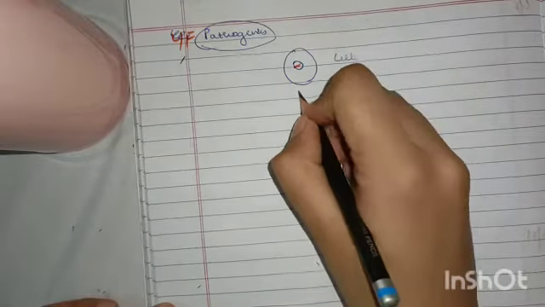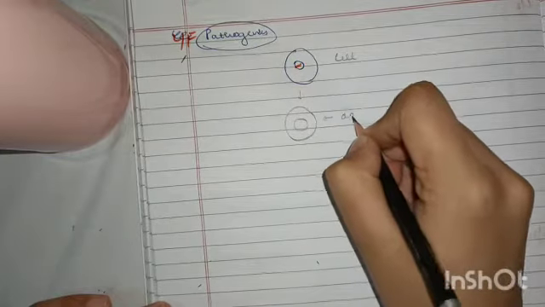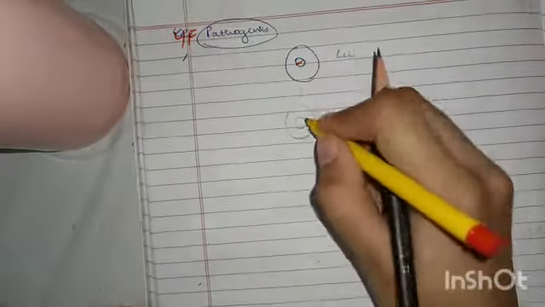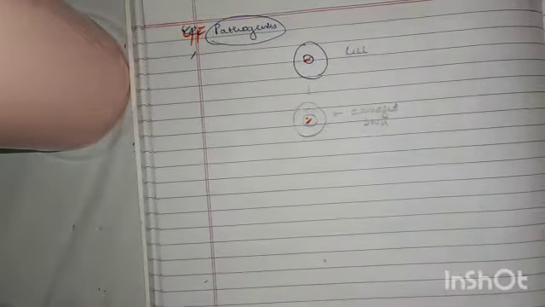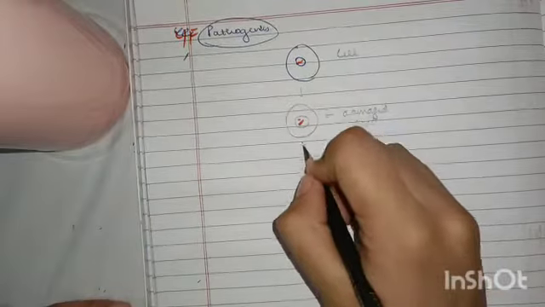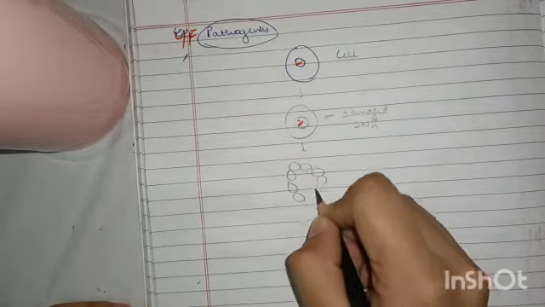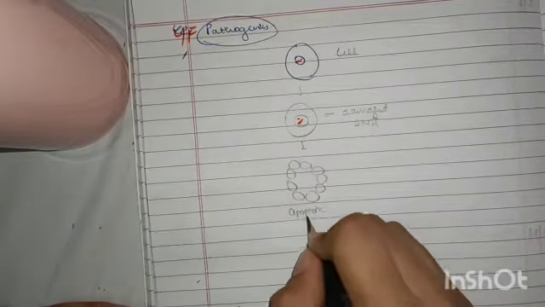Now, what happens is, in this cell the DNA gets damaged. If in a normal cell the DNA gets damaged, what do we expect? We expect the cell to undergo apoptosis. So this is basically an apoptotic cell.